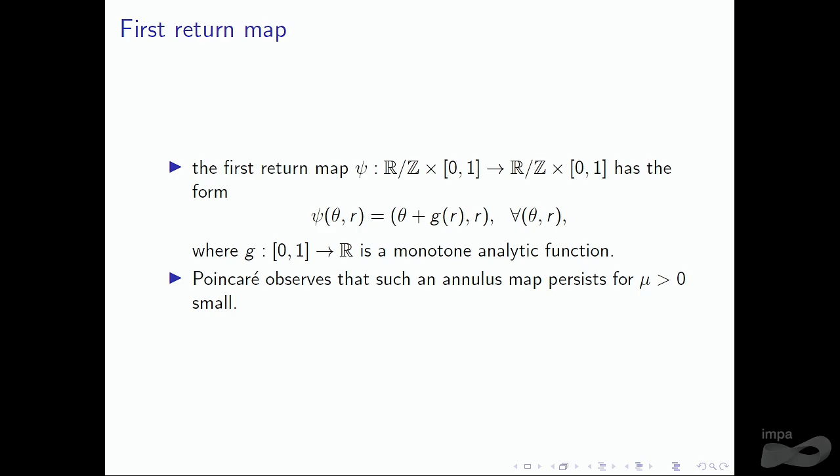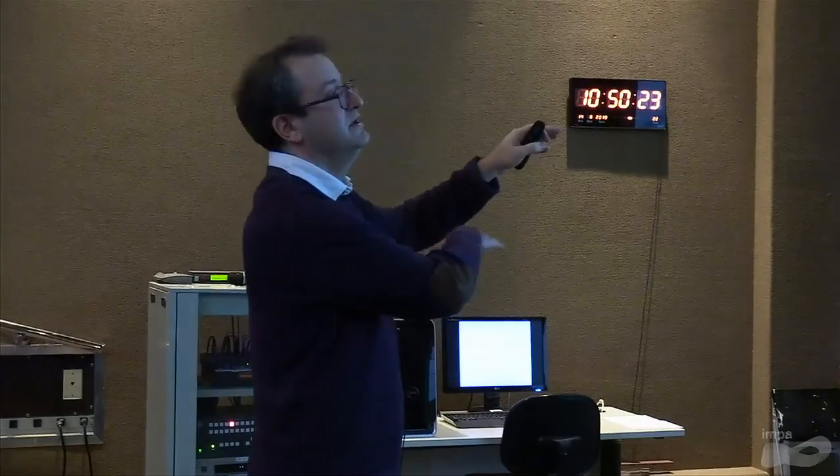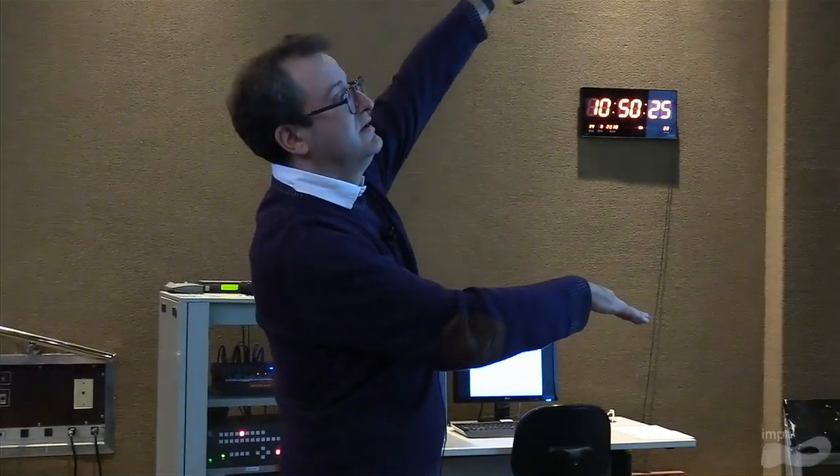So you can imagine an annulus map, with the lower boundary and the upper boundary, these sides are identified, and the first return map preserves the horizontals. It preserves the horizontals, but it shifts each horizontal by a different quantity.